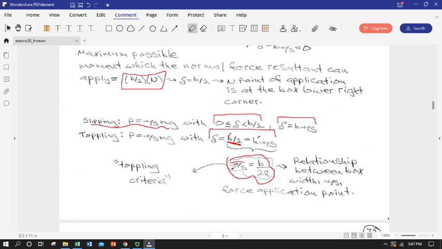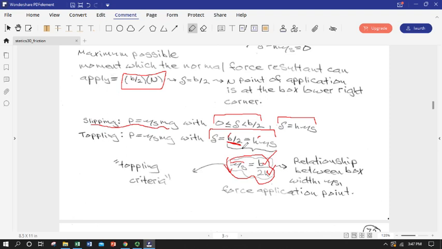So if you know your coefficient of friction with the floor, and you know you have to push at a certain height because maybe you can't bend over too far, or that's where the forklift can push against it without punching a hole through something, you know how wide your box has to be for it to not topple over.